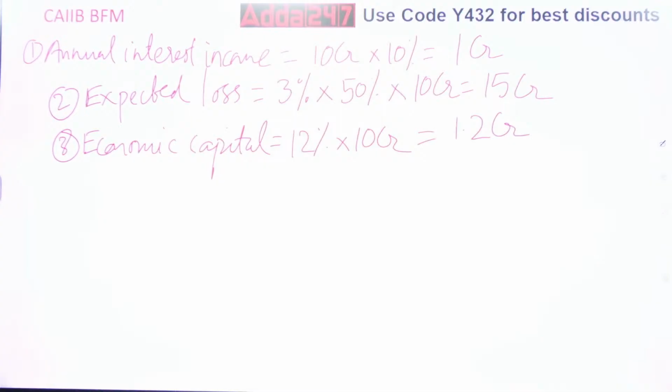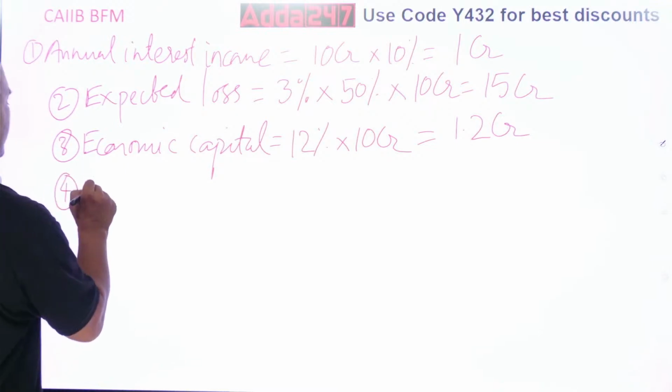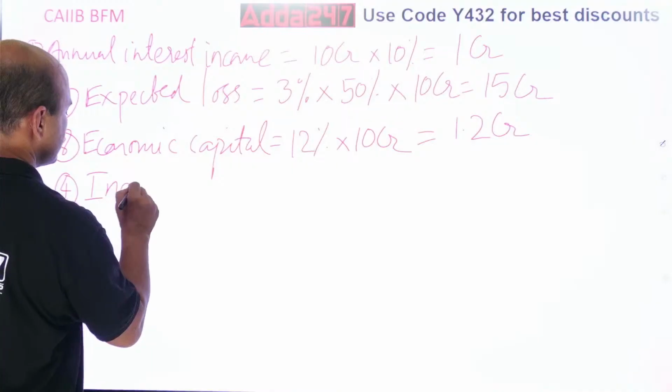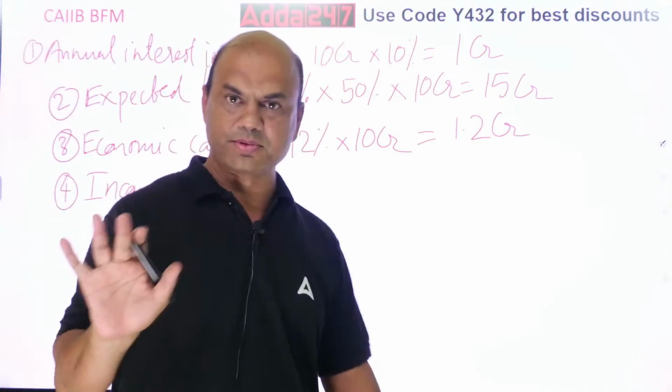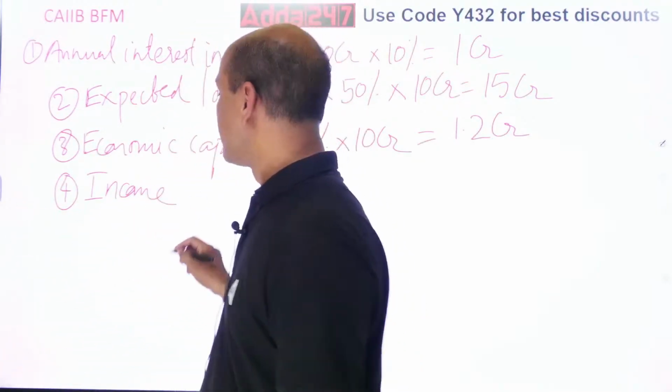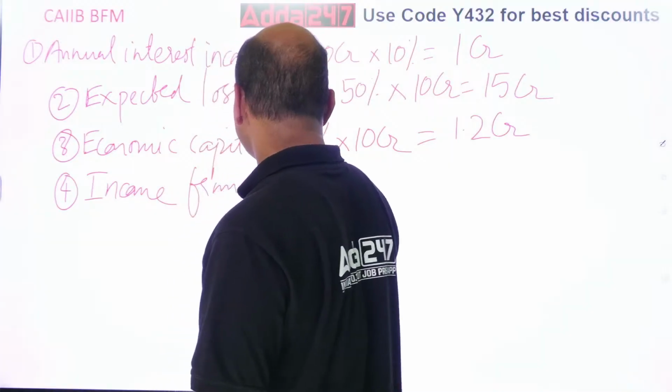Now income from capital. Income from capital is the fourth step. Now we have come almost to the last stage. There are only 5 steps, so we are on the 4th step now. Income from capital, a very important term.